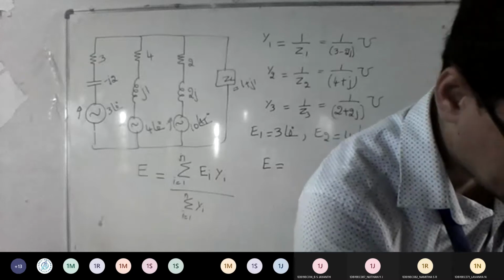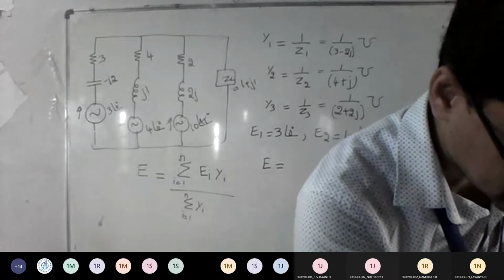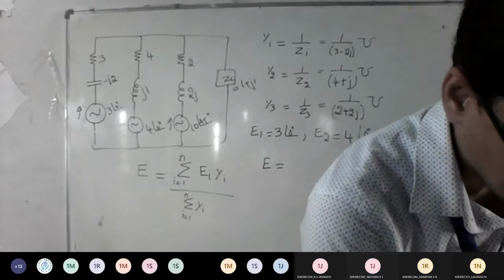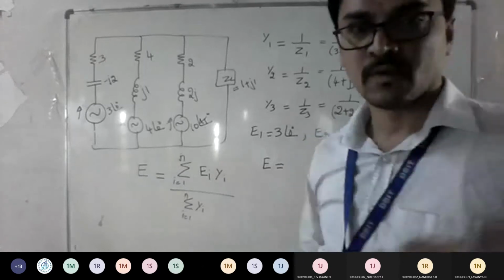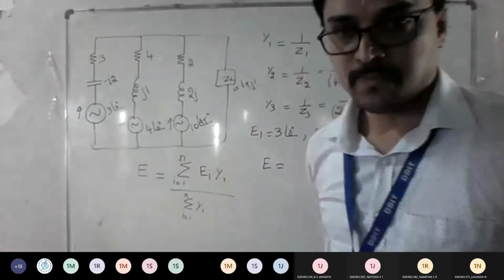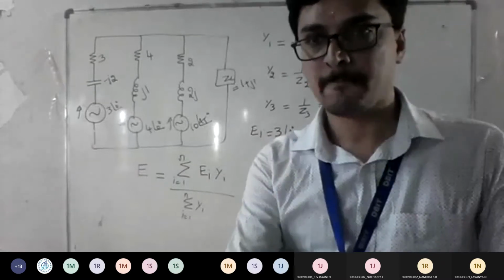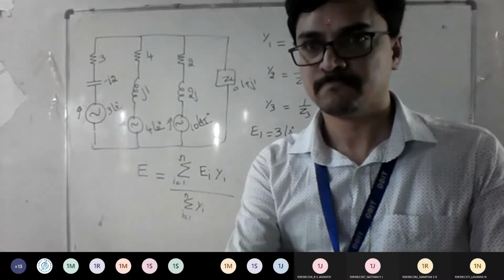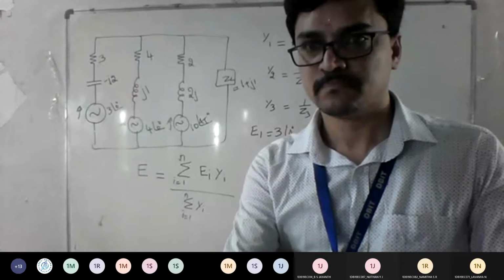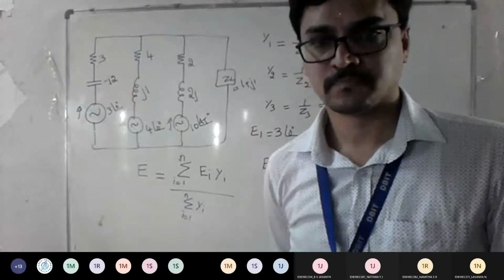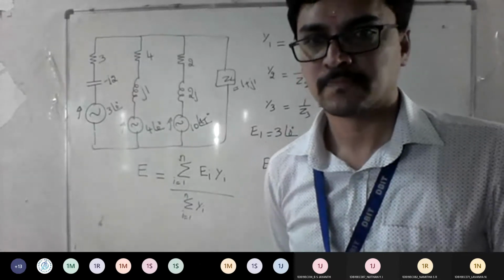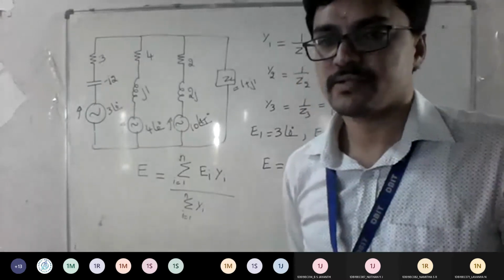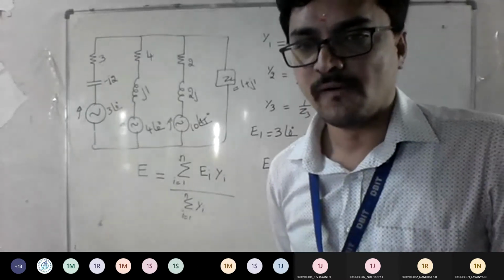Anyone got the answer here? Substitute all the values in complex mode.